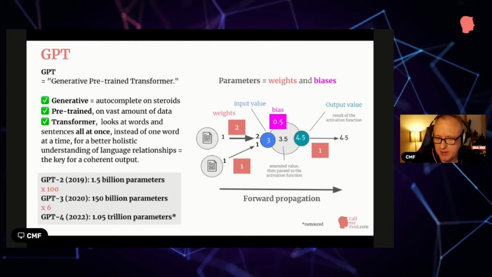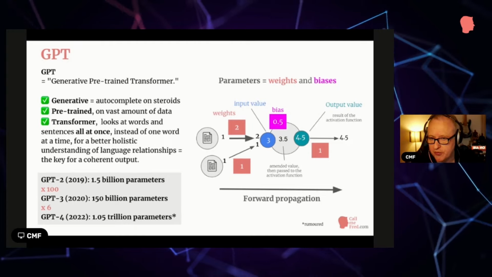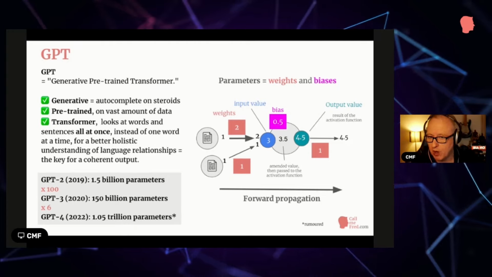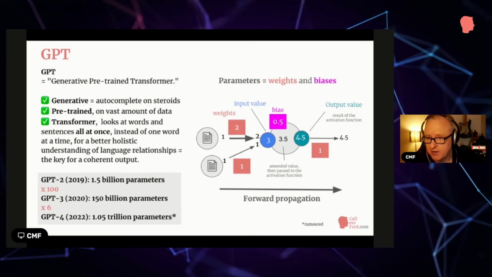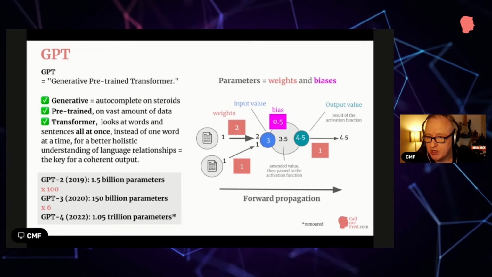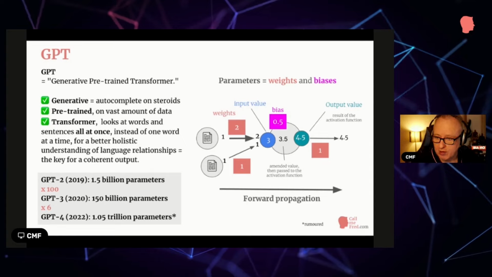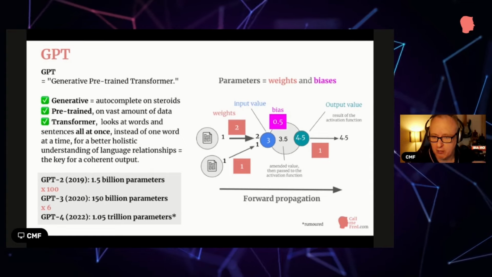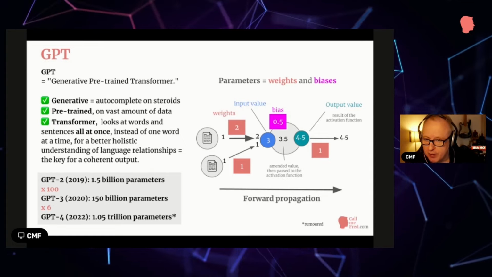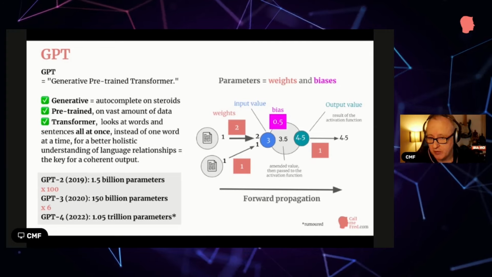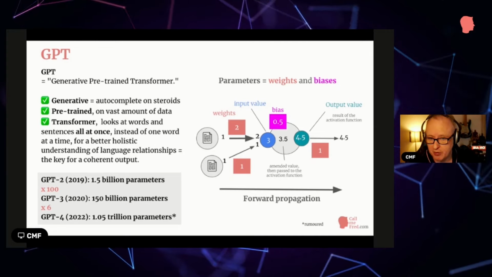So, for instance, in our example, we have two inputs valued originally 1 and 1, weighted 2 and 1, which gives us 2 and 1, which we consolidate as 3. Then we add the bias of 0.5 and we get a value of 3.5.